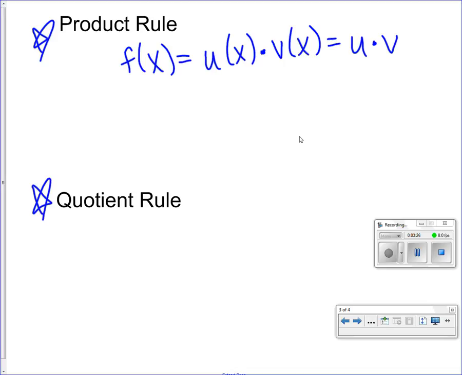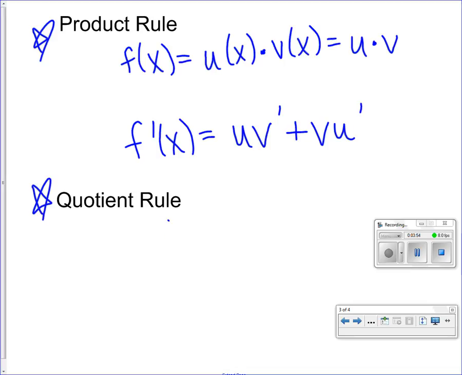We're going to use a rule called the product rule. The product rule says that the derivative will be u times v prime plus v times u prime. You will actually hear me say uvu. This is the way I memorize this formula. I just read it like it's a word, uvu.